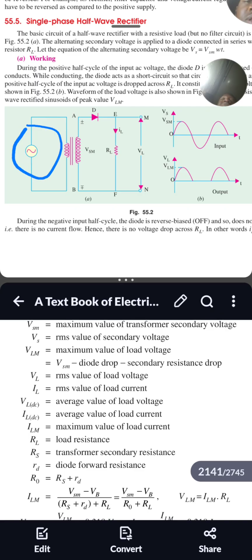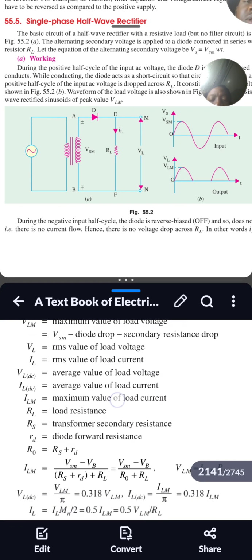Sometimes it can be germanium, but most times it's always silicon. It's rare for me to see germanium. So from there, you now have your IL, the RMS value of load current, that is IRMS.